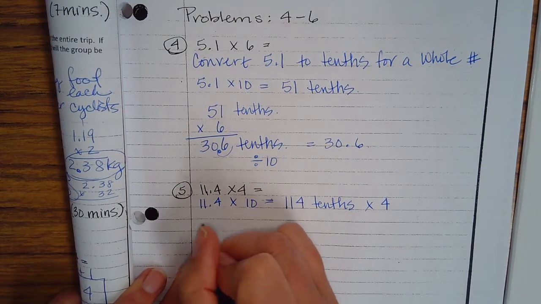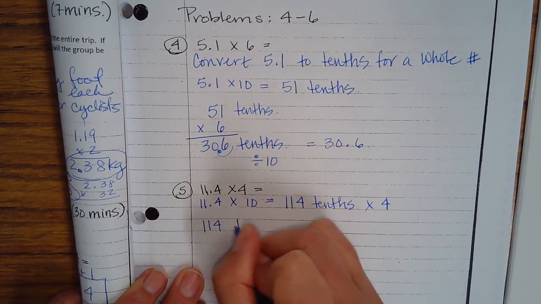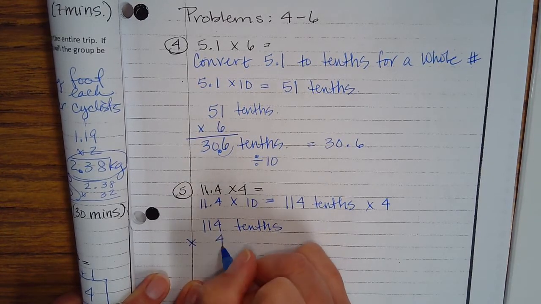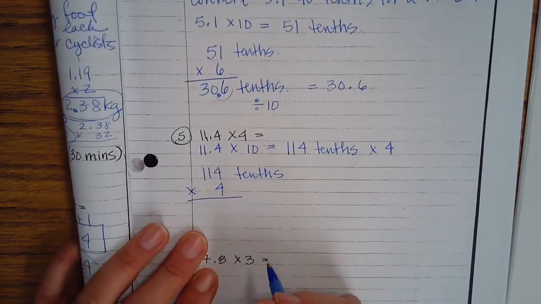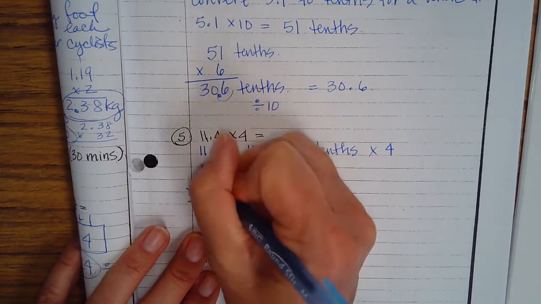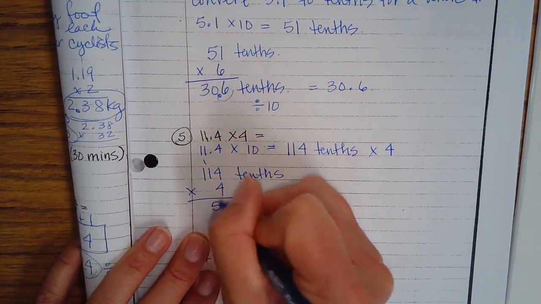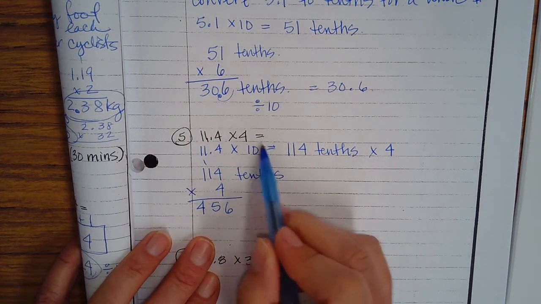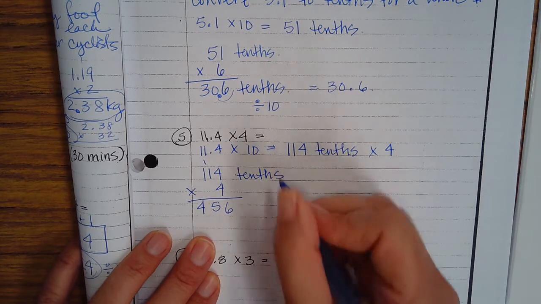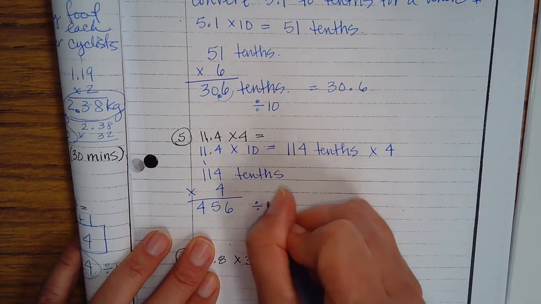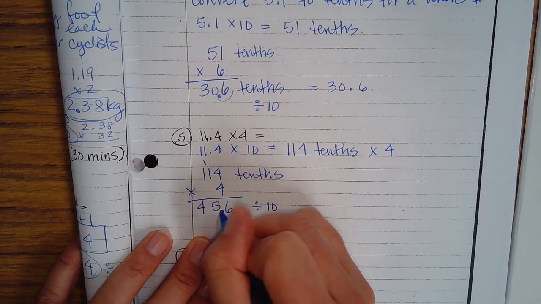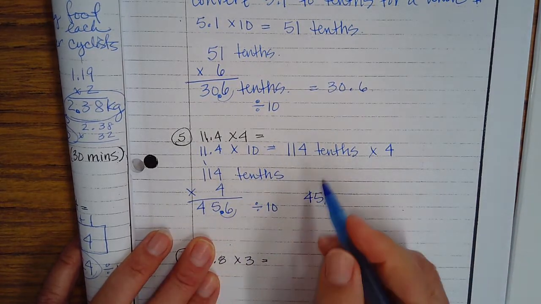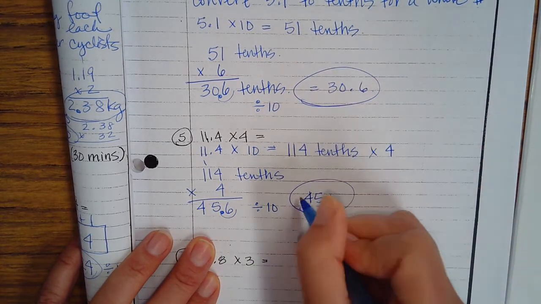So now I can go 114 tenths times 4, and I'm going to get 456. But because I multiplied by 10 to get rid of the decimal, now I'm going to divide by 10 to put the decimal back. And I end up with 45.6. That is my answer.